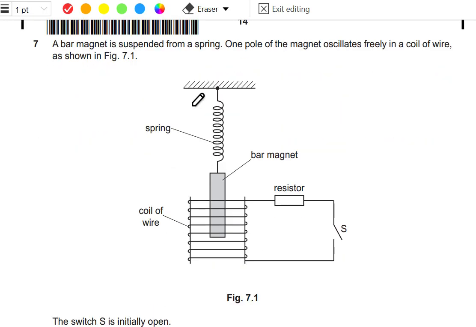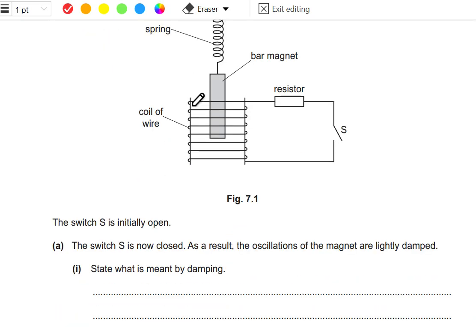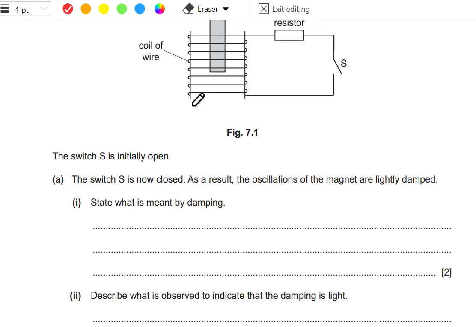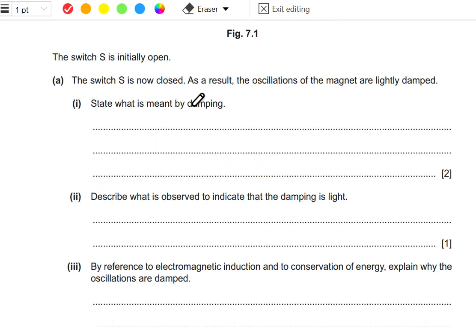A bar magnet is suspended from a spring. One pole of the magnet oscillates freely in a coil of wire. The switch is initially open. The switch is now closed. As a result, oscillations of the magnet are highly damped.